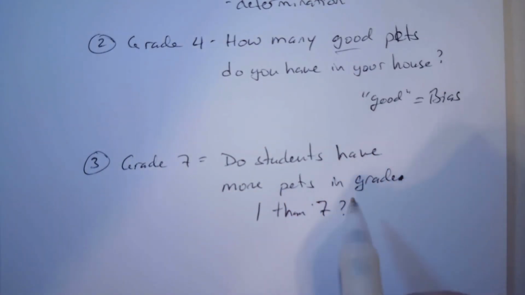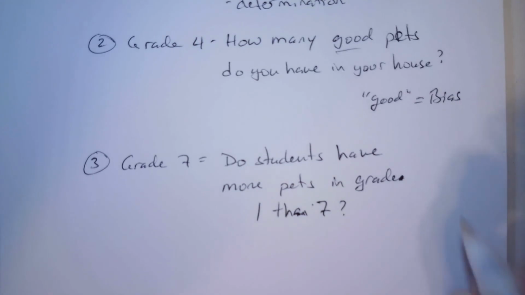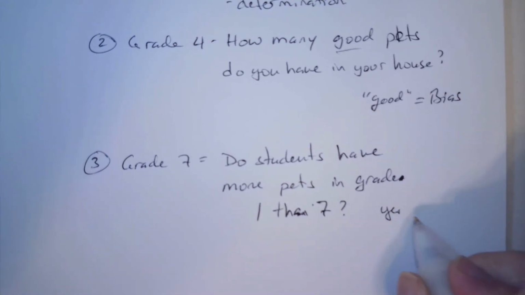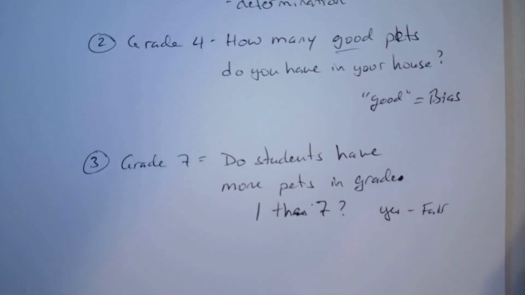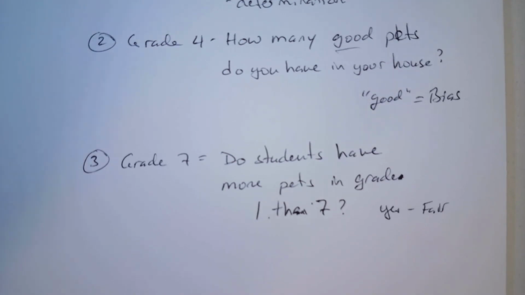Do students have more pets in grades 1 through 7 than 7? Is that a fair, unbiased question? Yes. That's fair. Because it's asking a comparison between two groups. You could do it, it is statistical. You can now compare what people think of those two groups.